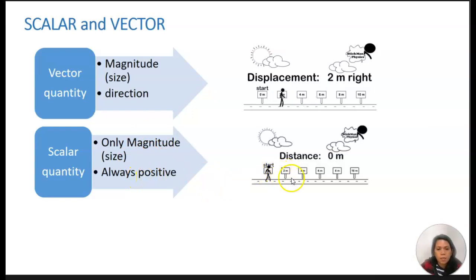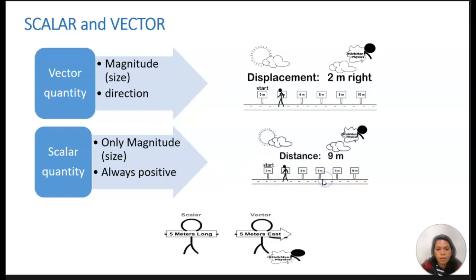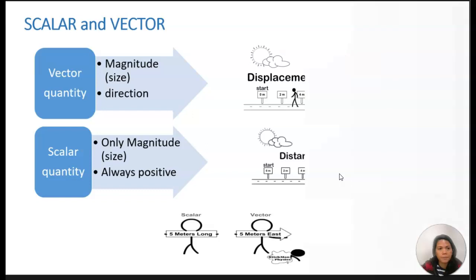When the stickman moves in this direction, gaining 5 meters, going back is also 5 meters. Not taking the direction into account, we just look at the magnitude, giving the stickman 10 meters of total path covered.